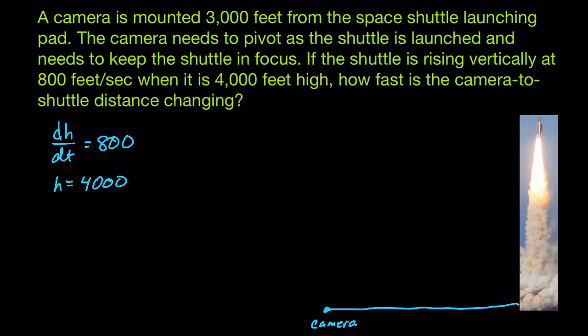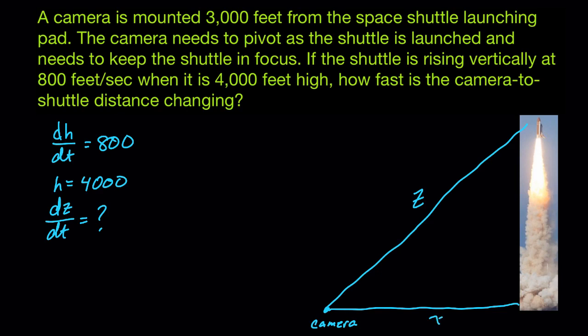All right, so if we have a triangle here, and let's call this z, that distance is what we are looking for at the rate at which that is changing. That's the value in question here.